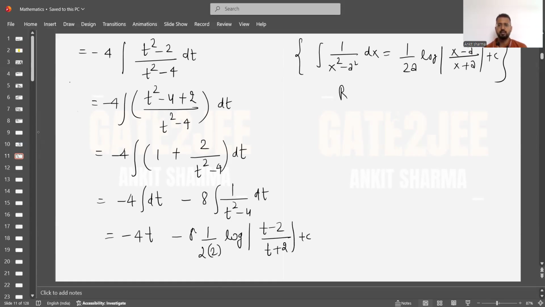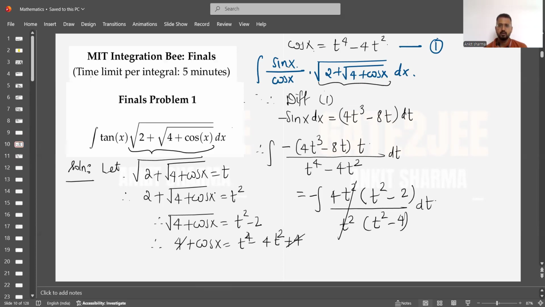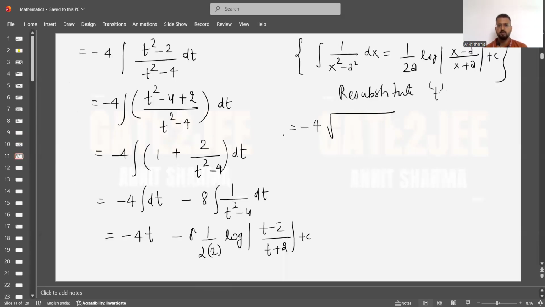Now we can resubstitute t. And this gives me minus 4 times root 2 plus root 4 plus cos x, minus 4 times again, no, it's 2 times, so 2 times log of plug in t there.